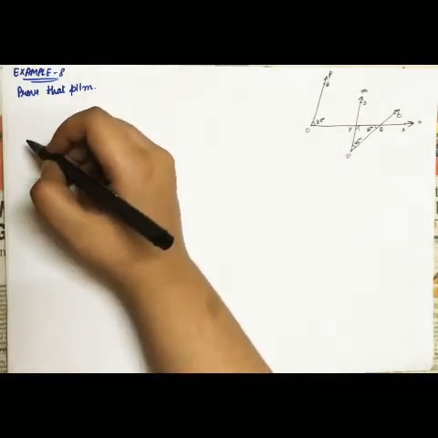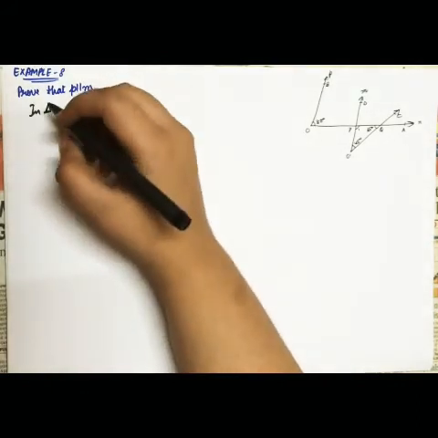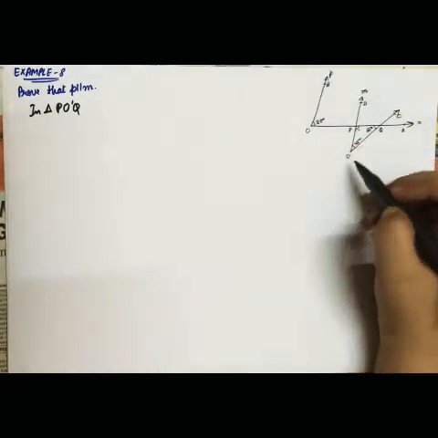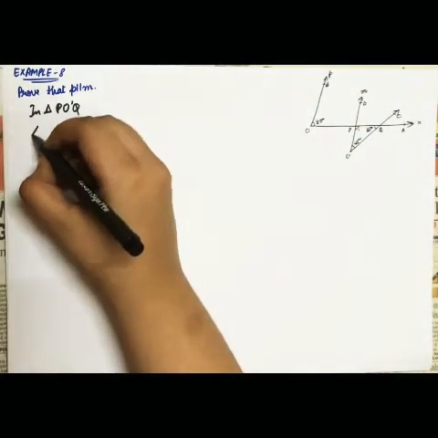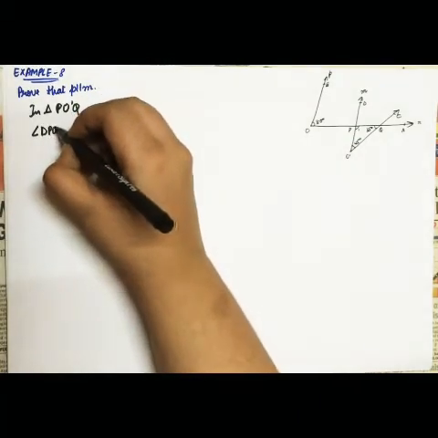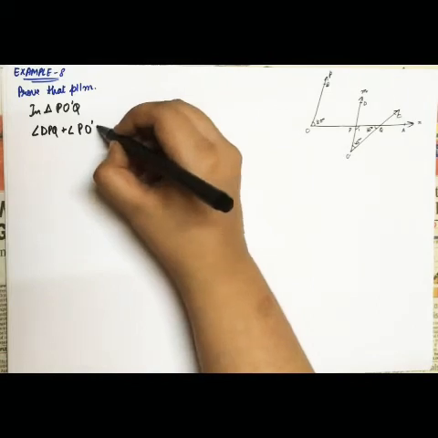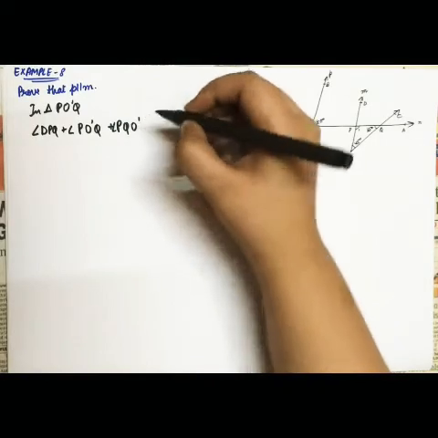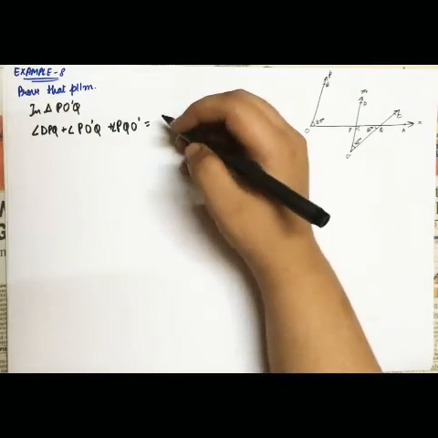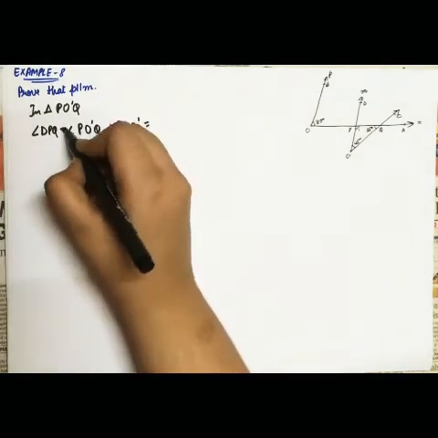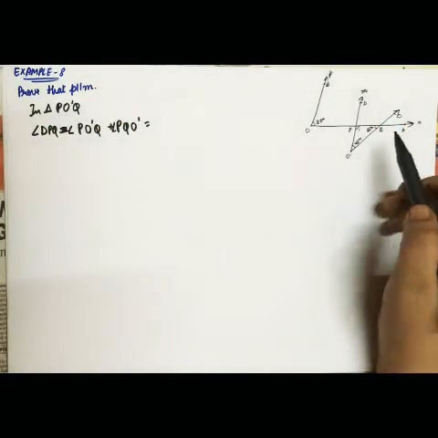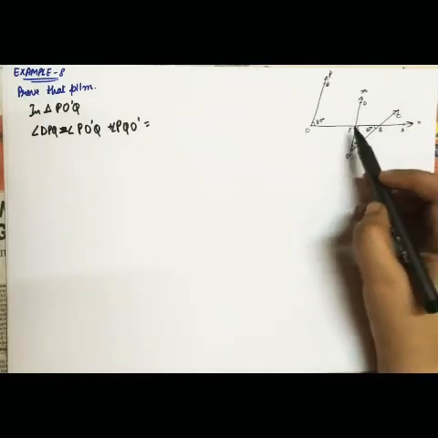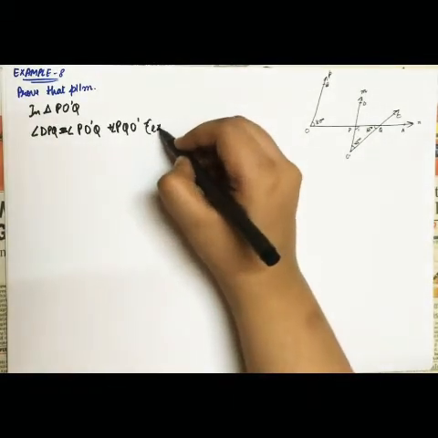So we will start with in triangle PO'Q, angle DPQ is equal to angle PO'Q plus angle PQO'. Why? Because of the exterior angle property.